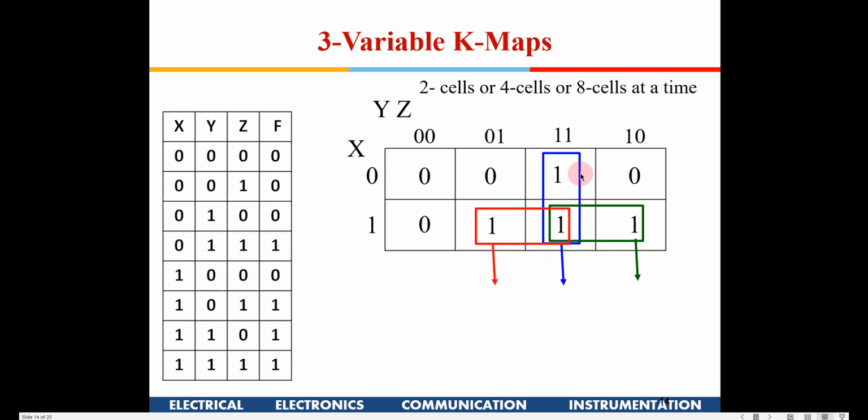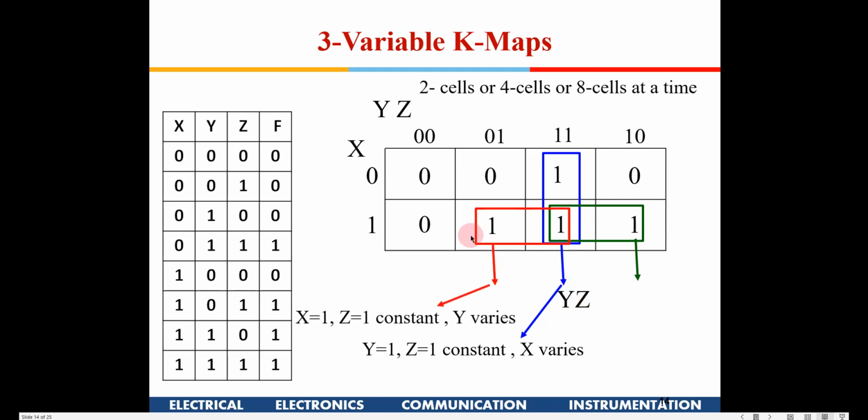So I now have 3 groups here, and I try to write the expression for each. Taking the first, the blue one, x is varying whereas y and z remain constant. y is 1 and z is 1, so I can call that yz. Similarly for the red one, from here to here, x remains constant at 1, and y is changing, z is not changing, it remains 1.